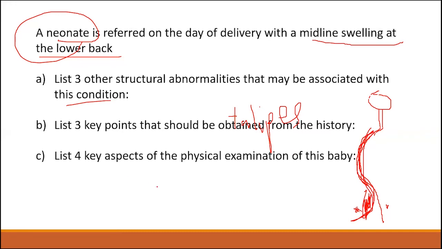List 4 aspects of the physical examination of this baby. First of all, we mentioned something about the heart. So you want to examine the heart to check if there's any problem with it.